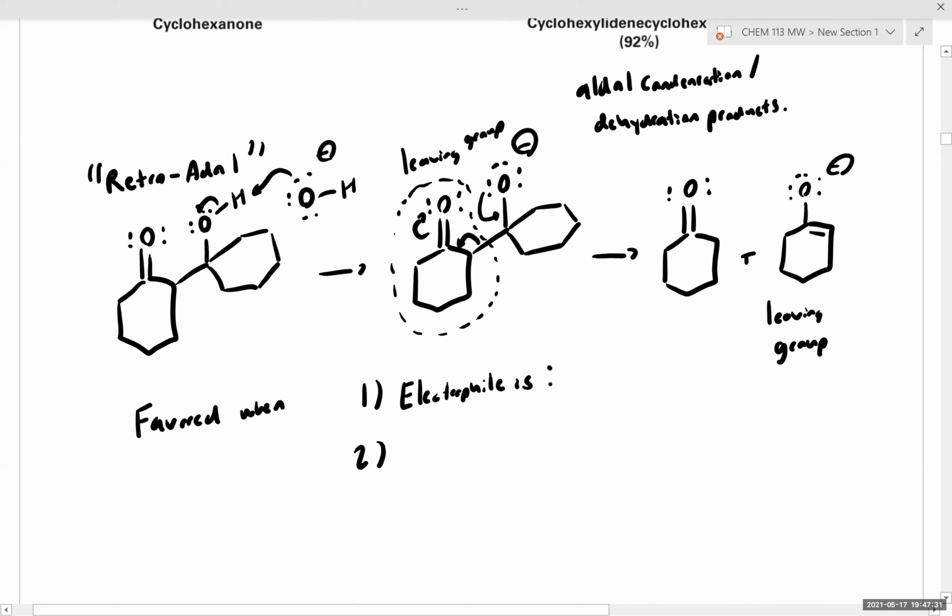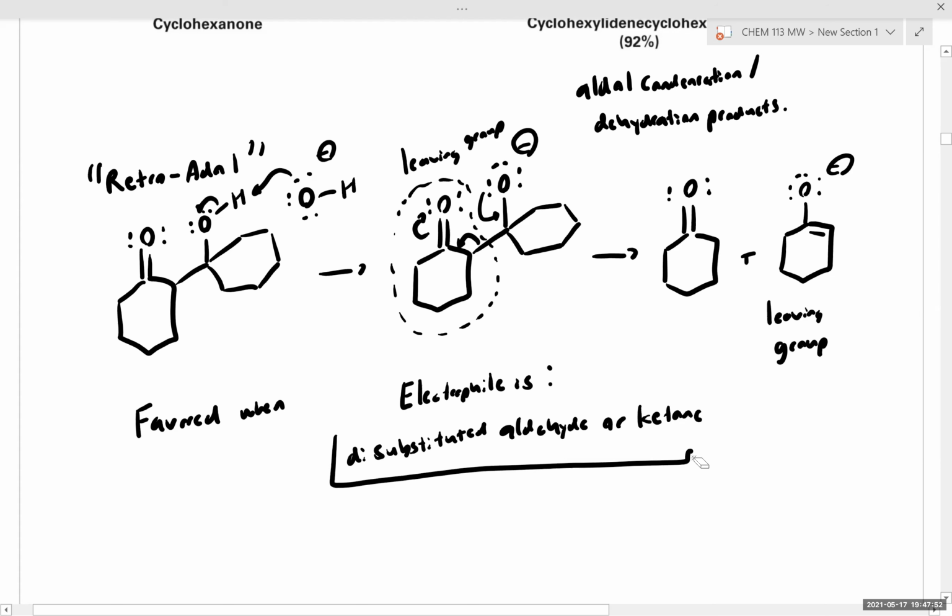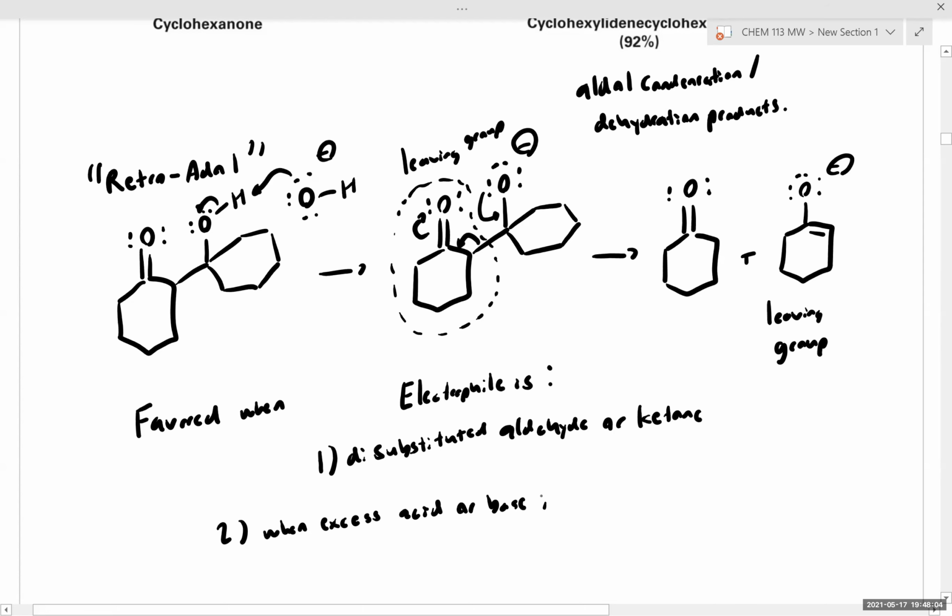This retroaldol reaction and this retroaldol product is favorable when the electrophile is a disubstituted aldehyde or ketone. That's the first criteria. And two, when excess acid or base is present. Does this idea of the retroaldol reaction make sense?